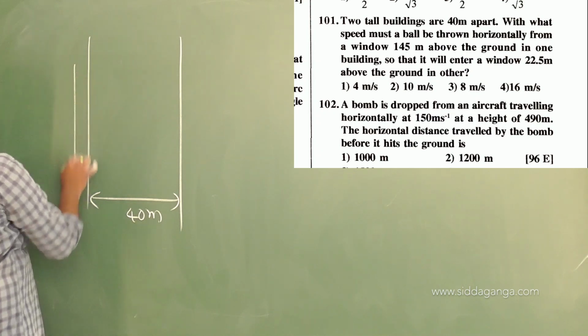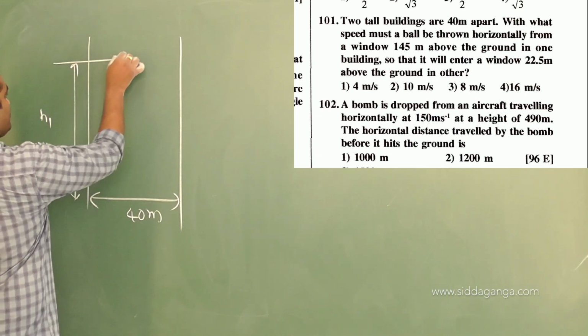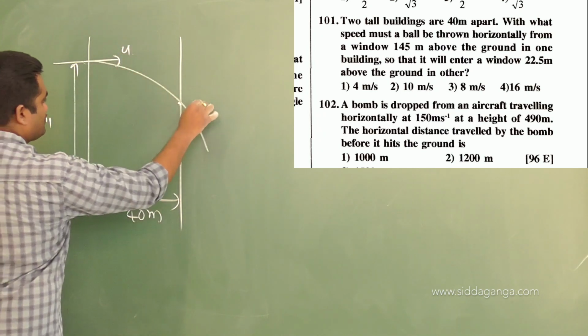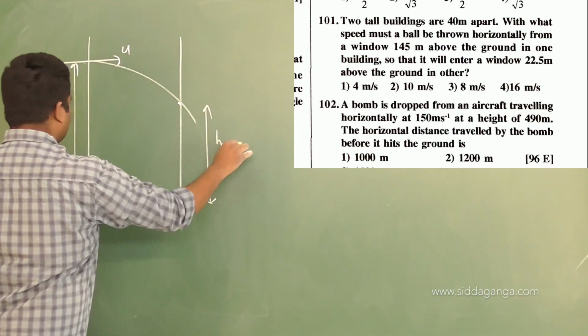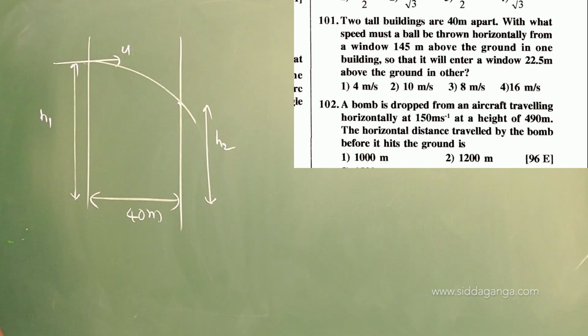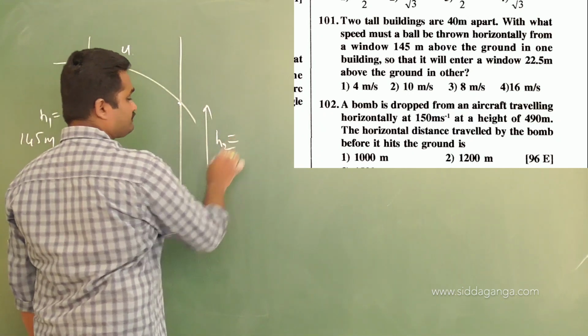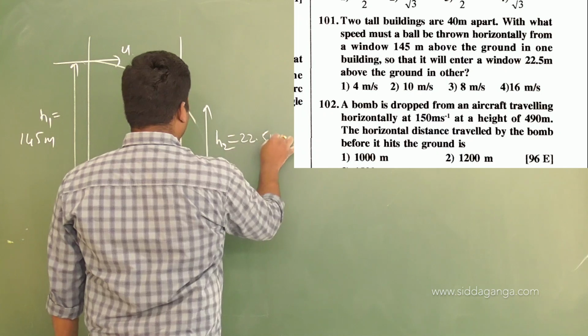One window is at a particular height, let me say h1. The ball is thrown from this height with velocity u, and it will come out like this. The second window is at a height h2. The h1 value is 145 meters and the h2 value is 22.5 meters.